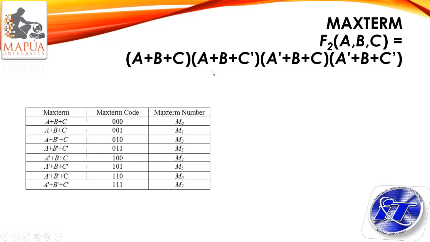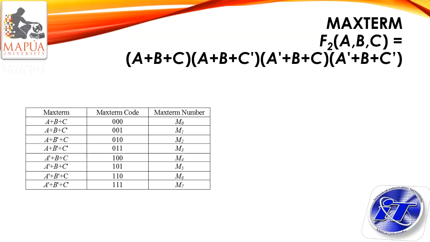Going back to our given, let's convert this into POM, product of max term. A + B + C is 0, 0, 0, which means M sub 0. A + B + C' is 0, 0, 1. Don't forget, the complemented variable is 1 and uncomplemented is 0, so 0, 0, 1 is represented by M1.